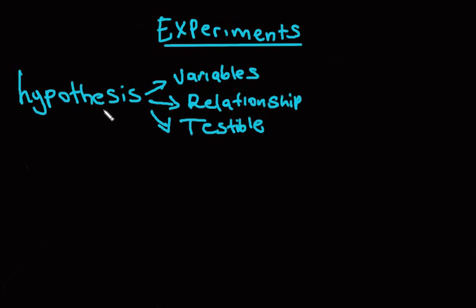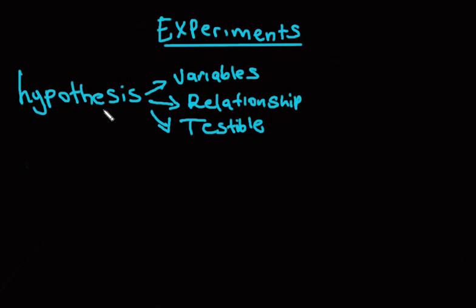Now I've included the relationship between the variables, and it must be testable, meaning I can test whether or not water has an effect on plant growth. So you should consider those three to be able to formulate your hypothesis.